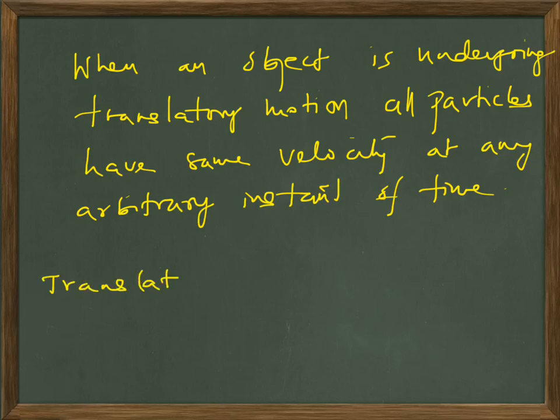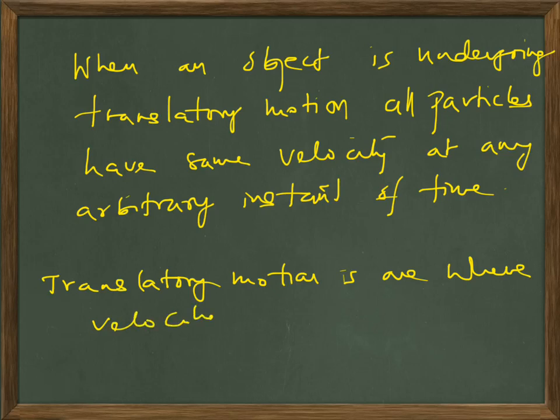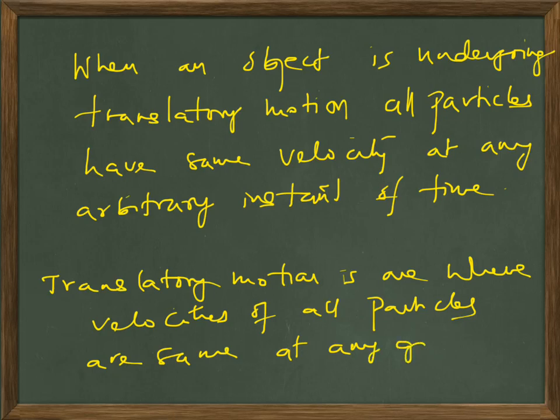So translatory motion is one where velocities of all particles are the same at any given instant. So all the particles will have the same velocity at the moment you are observing.